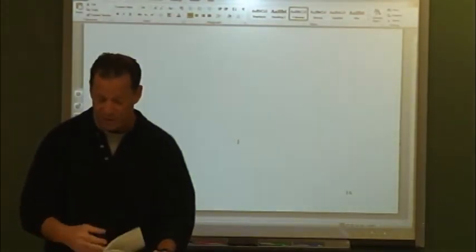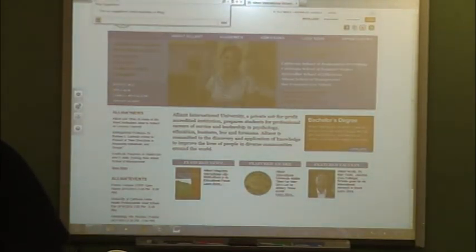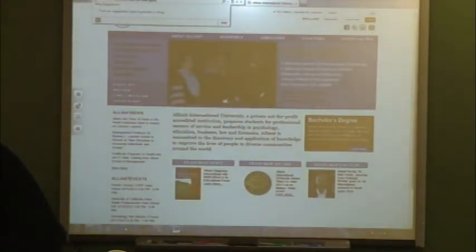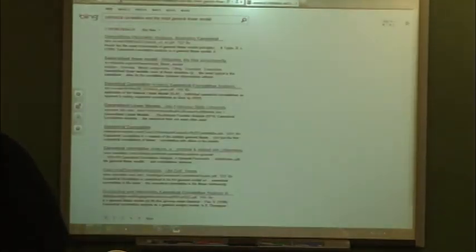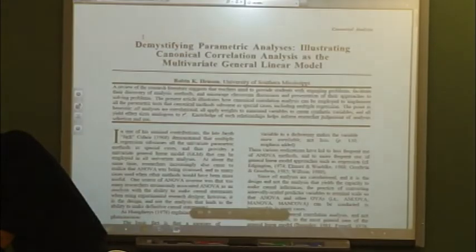That was used for years, and there's even an old article that was kind of a classic. It was in Psych Bulletin, a really great article by Knapp saying this was the most general linear model.